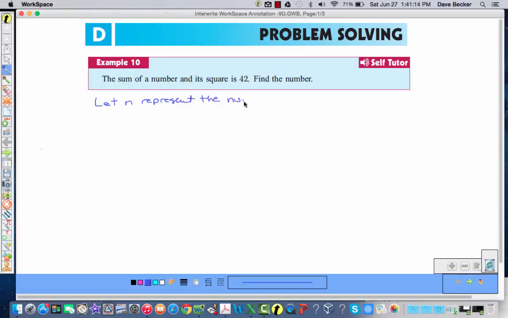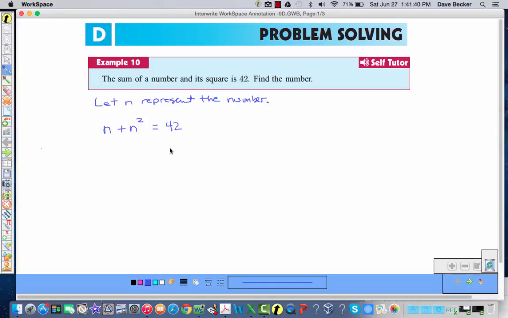Whatever it is you are asked to find, let a variable represent it. Then from there, you can express the other things within the context of the problem in relation to that variable. So the sum of a number and its square is 42, so n plus its square is equal to 42.